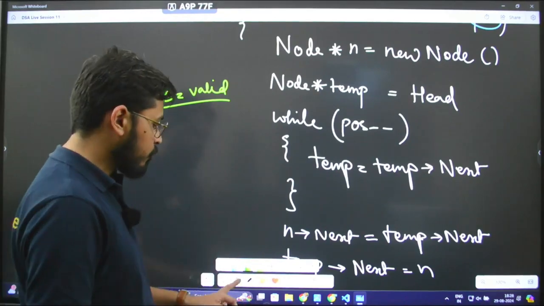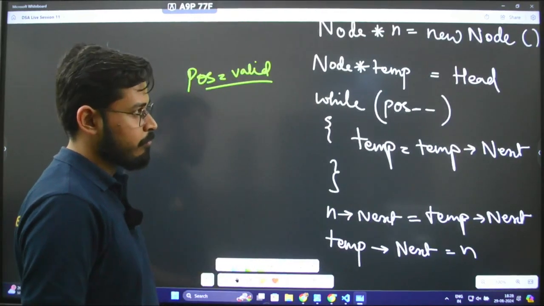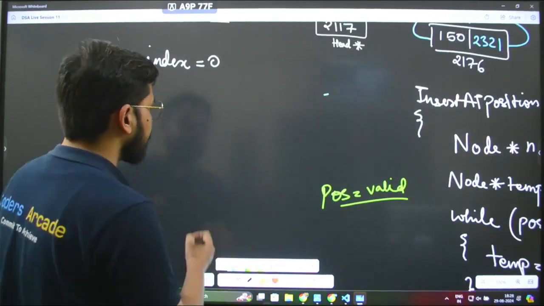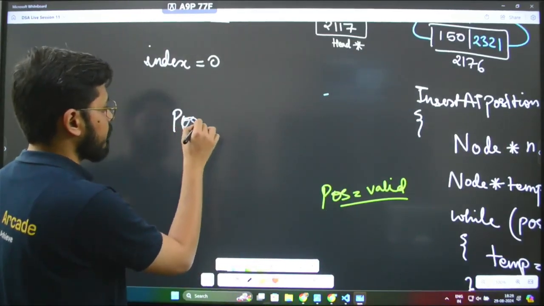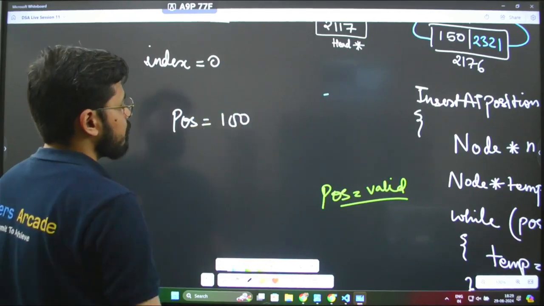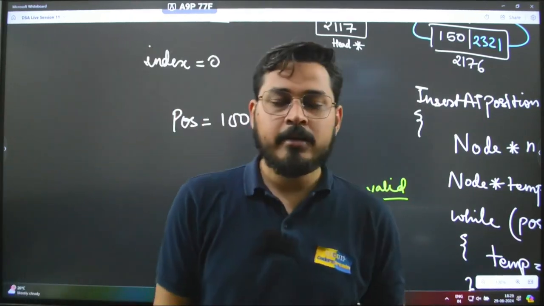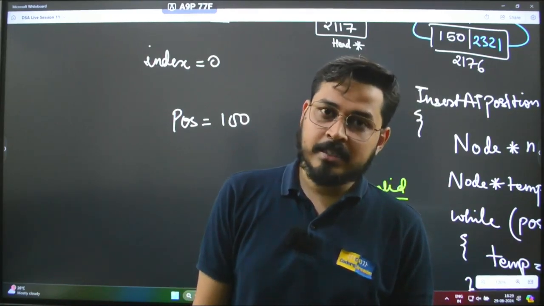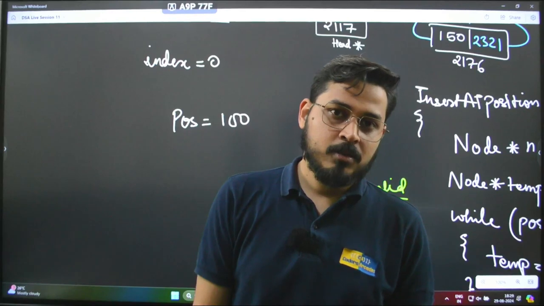To solve this issue, this is a very big problem. What if someone has entered position as 100, while we have 10 nodes in our linked list? 100 doesn't even exist. So what do we need to do?